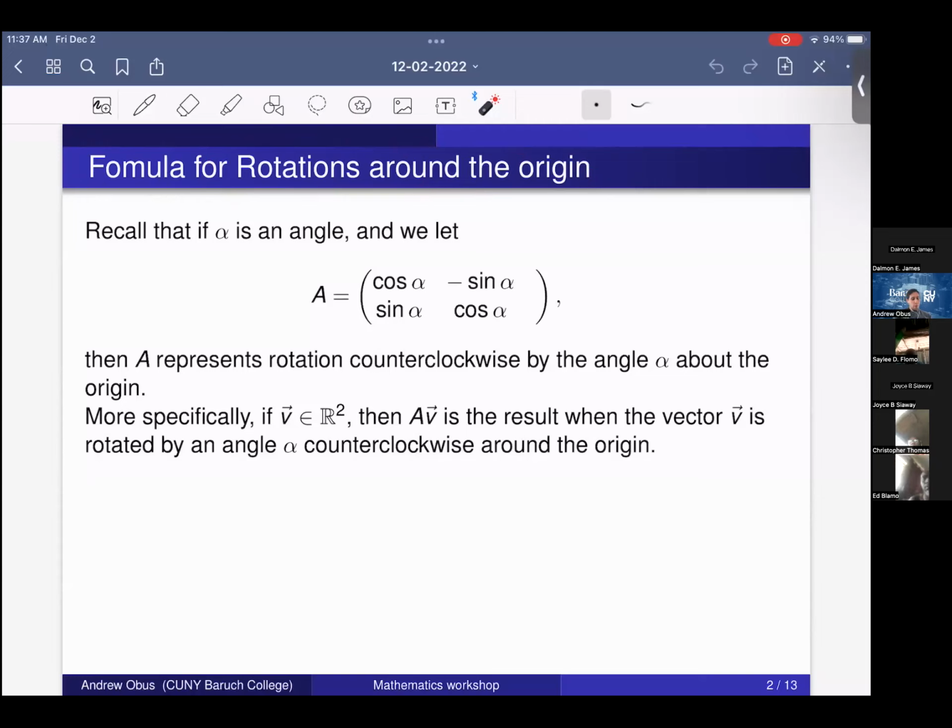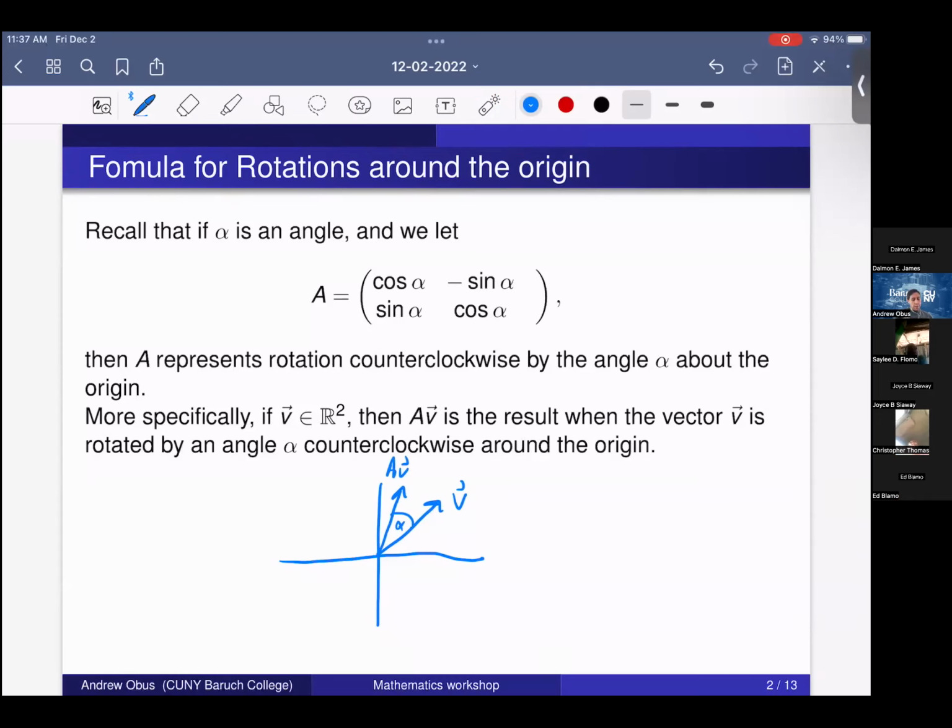The picture was, let me draw it: if we have some vector v in the plane R2, and we want to rotate it by an angle alpha counterclockwise around the origin, we get some new vector that we're going to call Av.